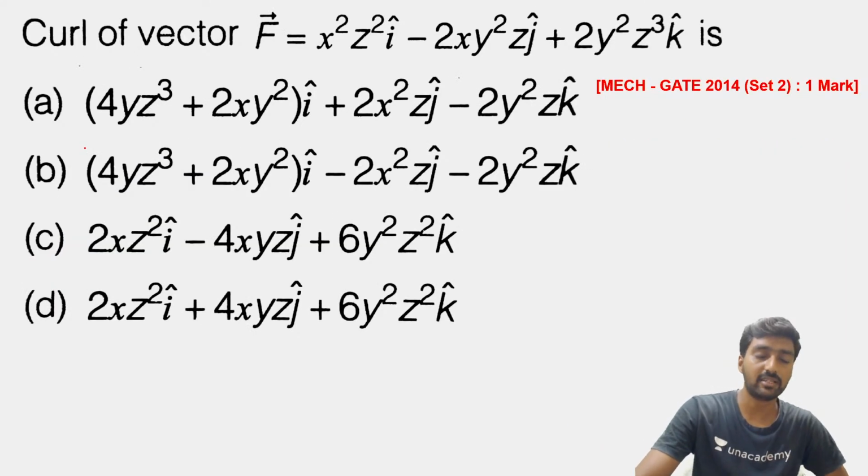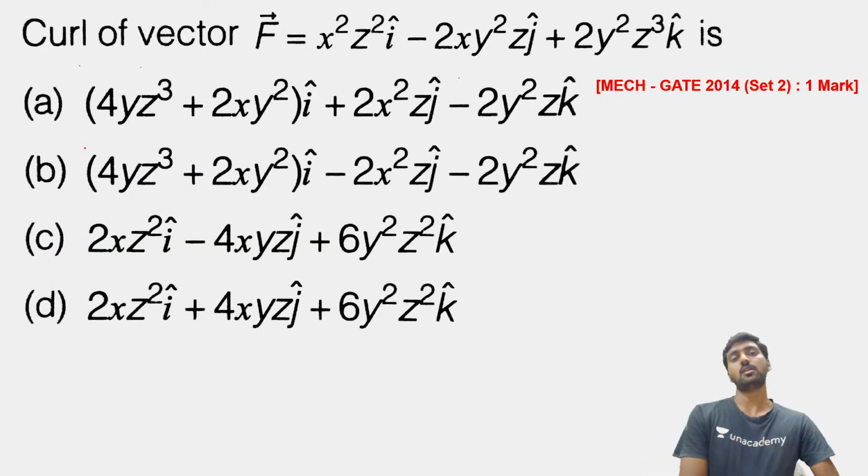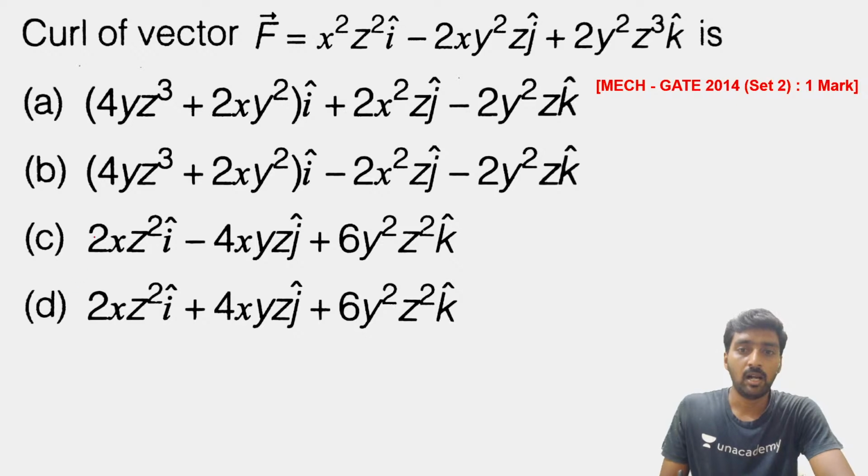Next, the curl of the vector F, which is equal to x square z square i vector minus 2x y square z j vector plus 2y square z cube k vector. What will be the curl?